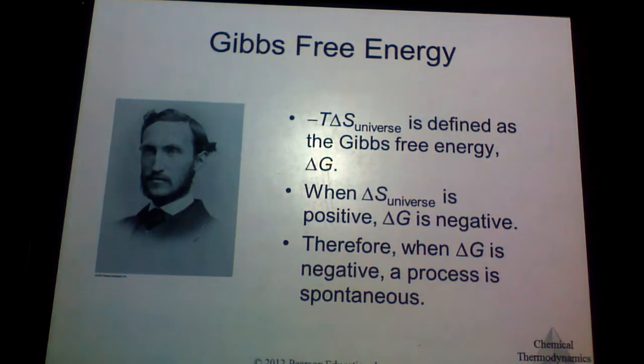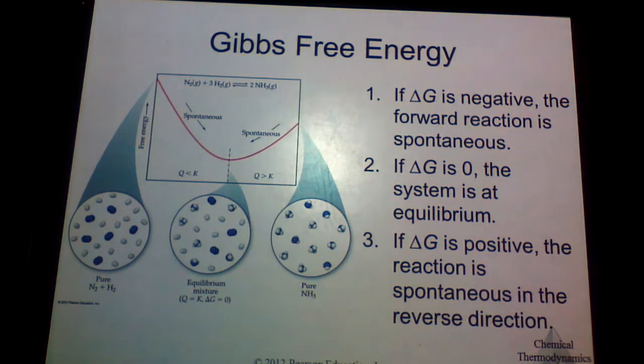So we say that when delta G is negative, a process is considered to be spontaneous, because if it's an irreversible process, we kind of think about that as having more of a negative connotation with it.